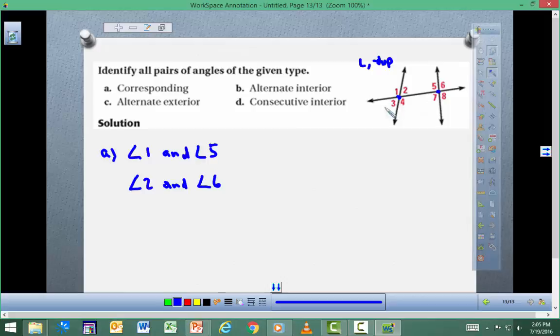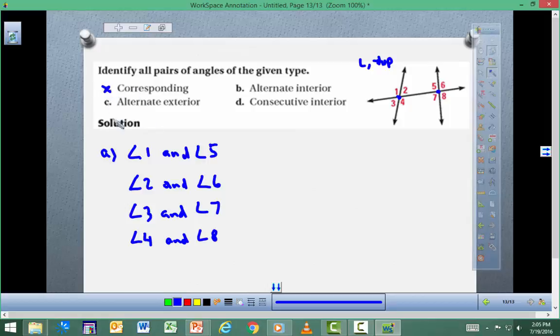It would be 3 and 7 because it's on the left side and on the bottom, and the left side on the bottom would be angle 7. And how about angle 4? We have angle 4 and its corresponding angle in the same position, angle 8.